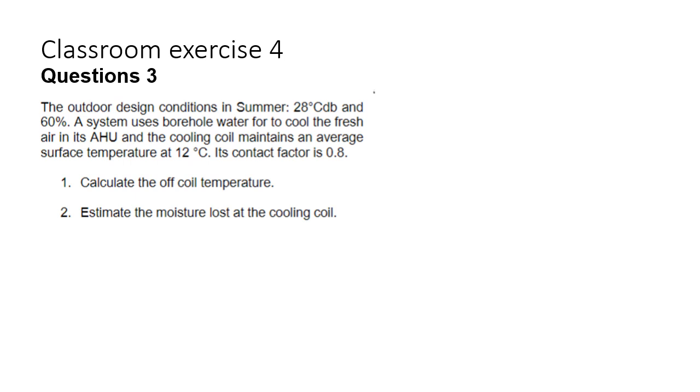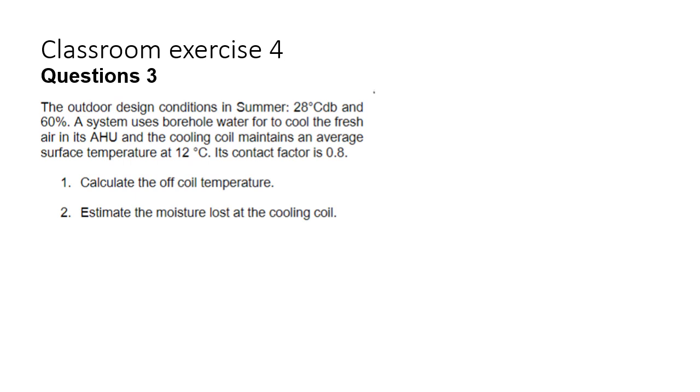The cooling coil maintains an average surface temperature of 12 degrees. This is what we call the apparatus dew point, 12 degrees. The contact factor is 0.8. The question is to calculate the off-coil temperature. That means, if this outdoor air goes over this cooling coil, which is maintained at 12 degrees, what temperature will it be after contact with the cooling coil?